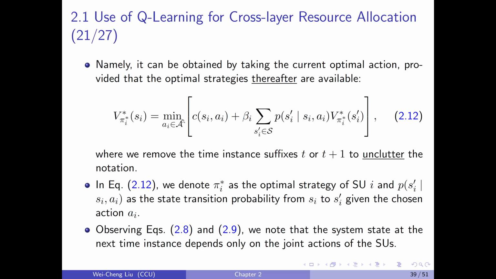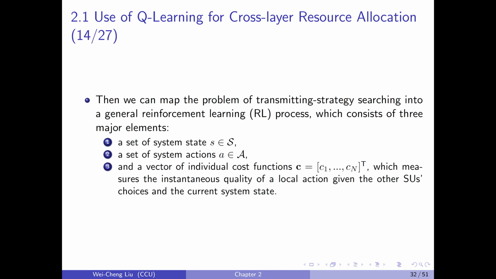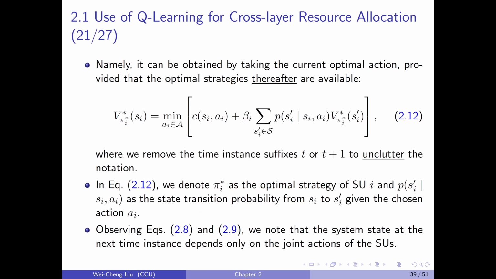Do you remember what is the set capital A? Let us review it. On page 32, capital A is a set of system actions. And the minimum of C of Si Ai, where C is the cost function.